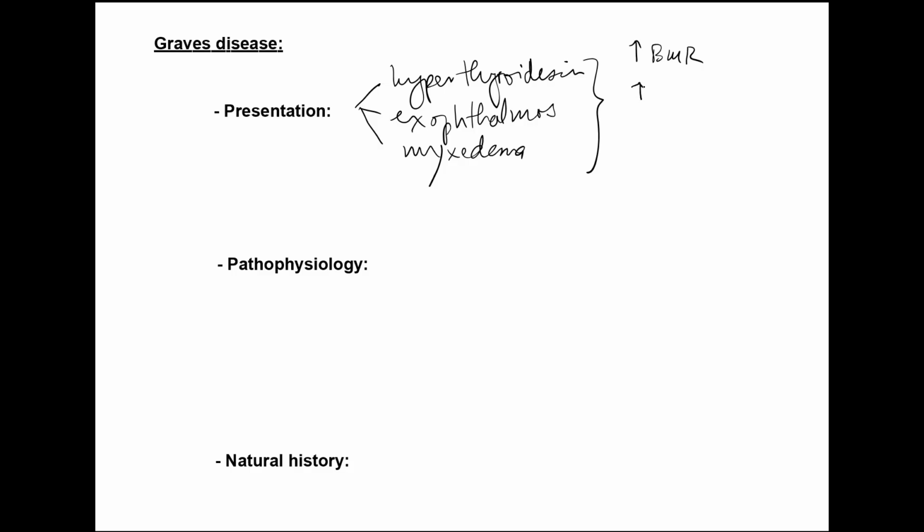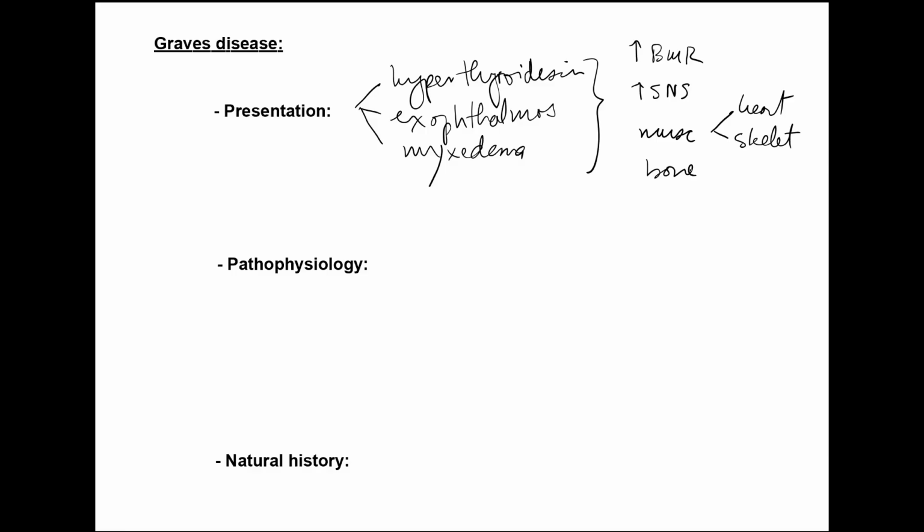The increase in the sympathetic nervous system, which gives the anxiety and the tremors and the staring eyes. The effect on the muscle, remember we're talking about atrial fibrillation in the heart and weakness and atrophy in the skeletal muscle. And then in the bone, we can see osteoporosis and an increase in calcium.